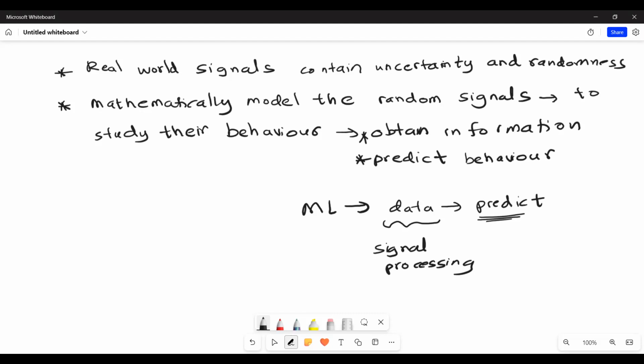Therefore, most of the time before doing machine learning, we normally do the signal processing that is required first, and then only we can decide what is the best machine learning technique to use in that application. So we need to first finalize the data in a useful format.